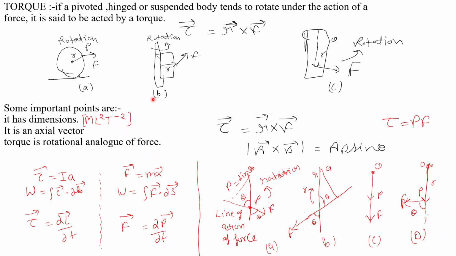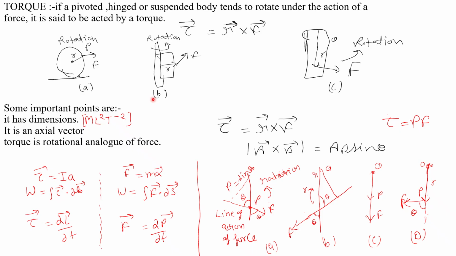It is an axial vector, and its direction is always perpendicular to the plane containing the r vector and the F vector, in accordance with the right-hand screw rule. It is conventional to ascribe a positive sign to all torques acting to turn a body anti-clockwise and a minus sign to all torques tending to turn it clockwise.